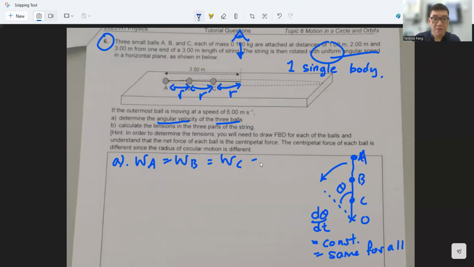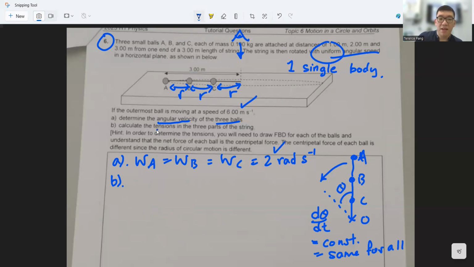We're just going to put 2 radians per second here. So for B, what have you solved? You know the linear speed of A, you know the angular velocity.